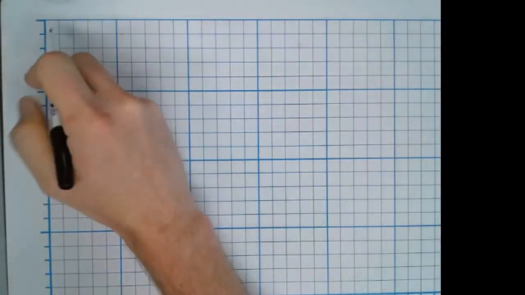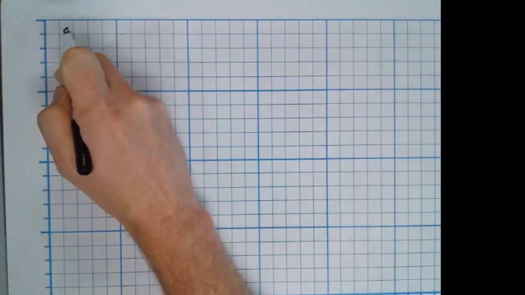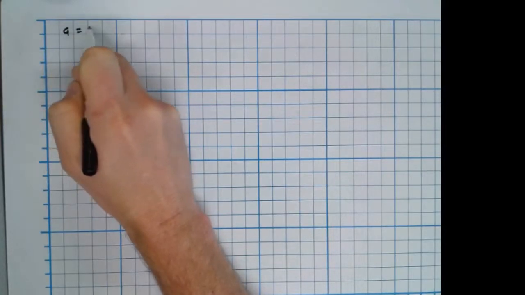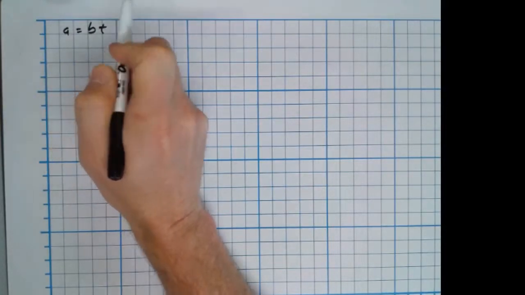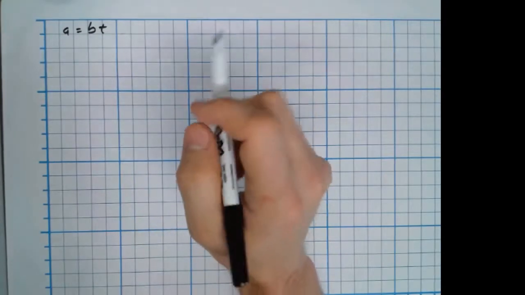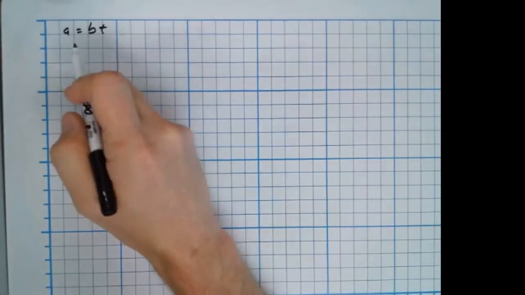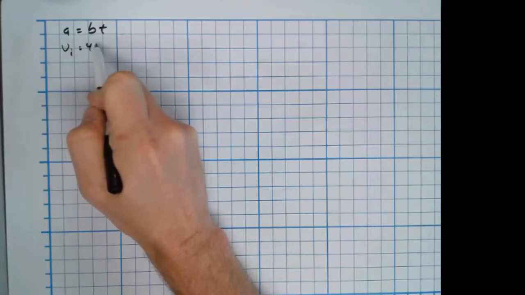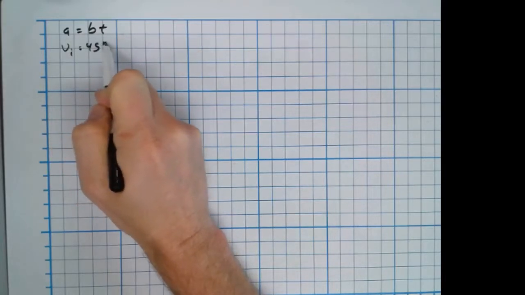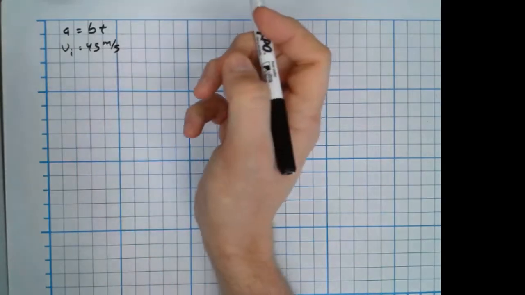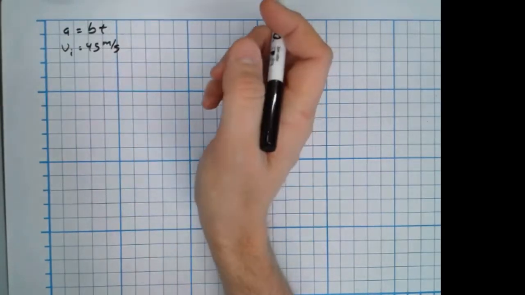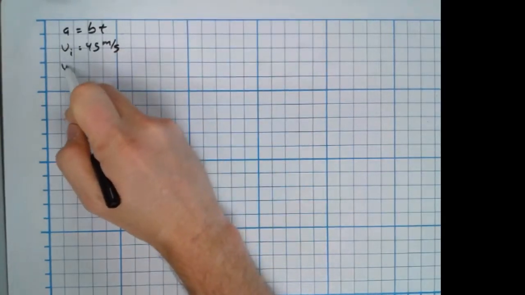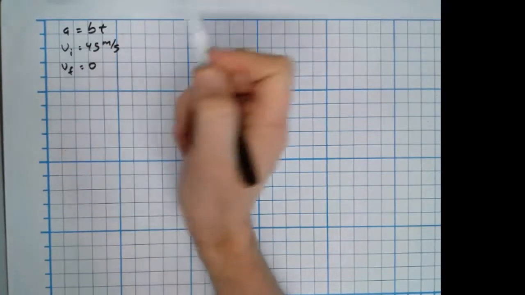So the acceleration has a magnitude of bt. That's not the vector, that's just how big it is. It's got an initial velocity of 45 meters per second, and it's stopping. So that means the final velocity when we're done is going to be 0.